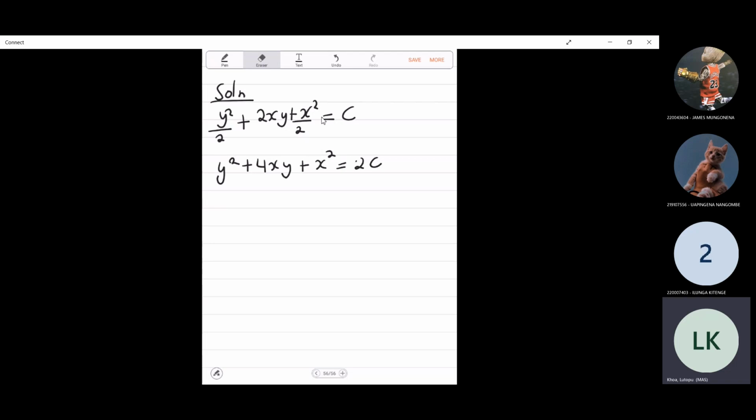When I multiply a constant by 2, the answer is still a constant, so I can still just write it c like that. Okay, but this is just as good as that one. I don't think it makes that much of a difference, but that is our solution.